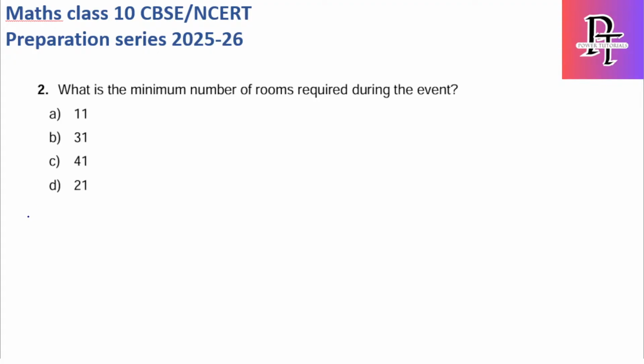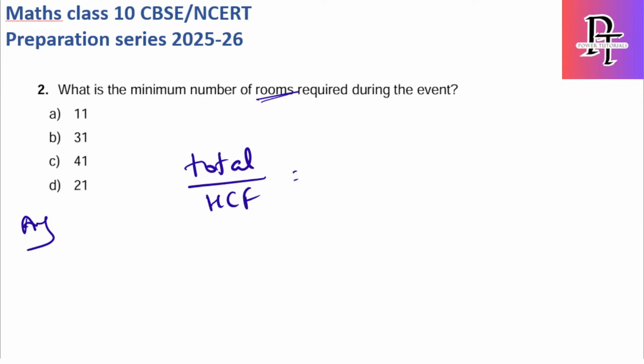Second, what is the minimum number of rooms required? So this is not about LCM here, because they are asking about the number of rooms, not the participants. Okay, so the minimum number of rooms required is simply the total number by HCF.